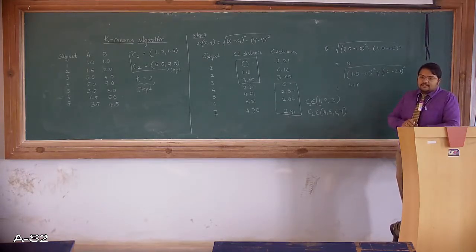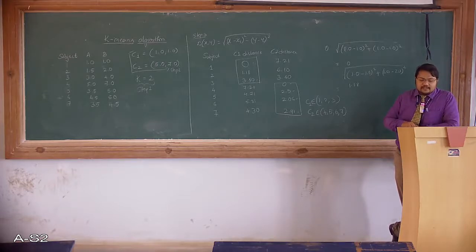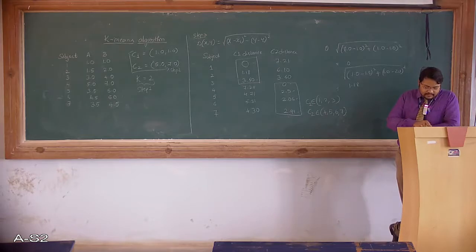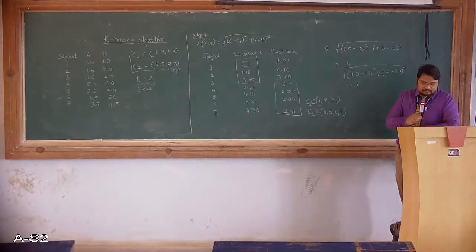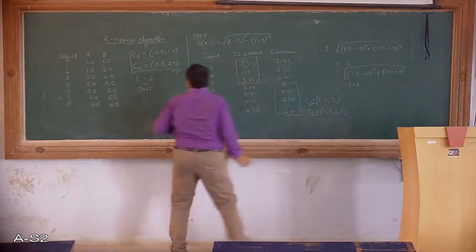After this, what is the fourth step? It is allocate each step. Yes, the fifth step says compute the centroids of the clusters by computing the means. We are going to find the average of the values. So how are we going to do that? See, in cluster C1 we have 1, 2 and 3.